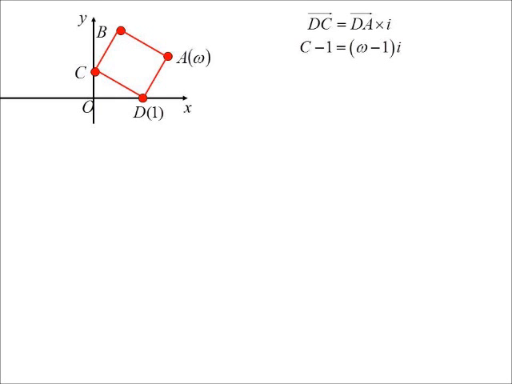A common mistake here would be just to say, oh, well, it's omega times i, but it's not. It's not the point that's being rotated, it's the vector that's being rotated. So DA is actually omega minus 1. And my answer won't be the point C, my answer is the vector DC. So the answer is C, whatever C is, minus 1, head minus tail.